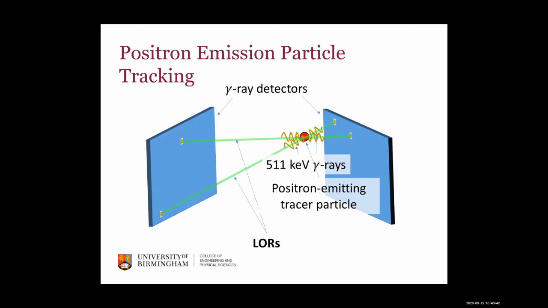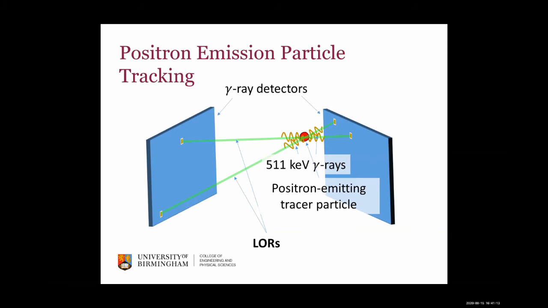Thank you. Let's say in this picture, the red circle represents a tracer particle, and this tracer particle is radioactive. As time goes by, it will emit gamma rays. Does that make sense? Those gamma rays can be detected by the detectors.